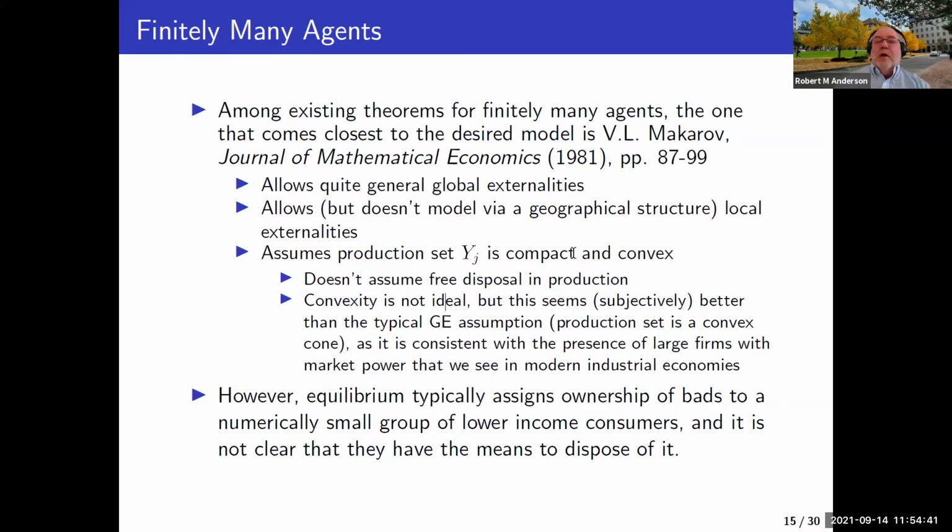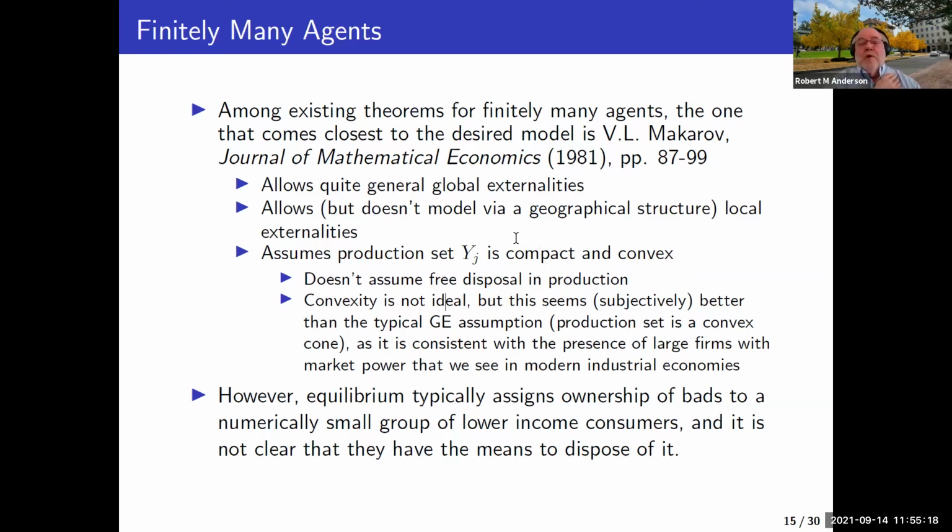It assumes the production set Y is compact and convex. And people argue about whether compactness is a problem or not. There are arguments that it isn't, that say because the amount of inputs that are available are finite, even if in theory the production set is not compact, the things that you can actually produce given the available inputs is a compact set.